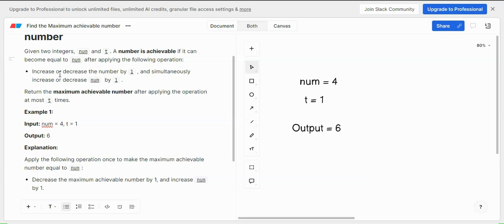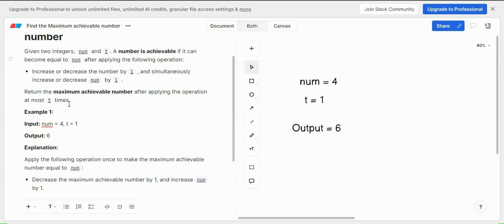In the question it stated that in one operation you can either increase or decrease. If you are trying to increase, first increase it by 1 and again increase it by 1, which means 2. Since decreasing is not useful when we are trying to achieve the maximum, in one operation we are increasing by 2. And for at most t times, how much can I increase?